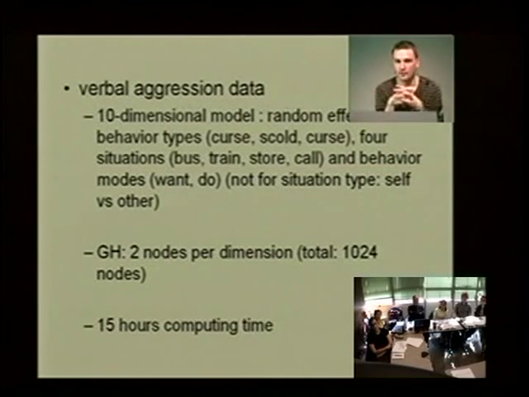So it's a very big model, and I included random effects for behavior types, for the 4 situations, for the behavior modes, want and do, but not for the situation type. So self-blame versus other blame was still a fixed effect predictor.